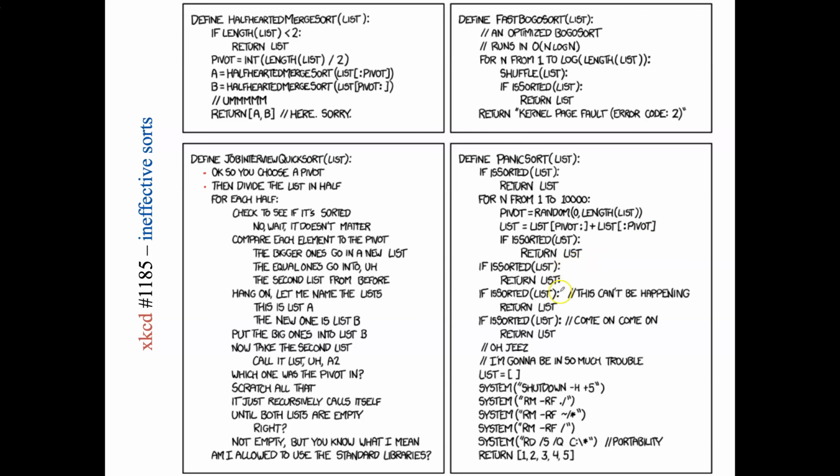And then maybe just a few extra times check to see if it's sorted, and if it hasn't magically been sorted by then, it'll just set the list to be empty and recursively delete every file on the computer, and then shut down the computer and return a sorted list at the end of it anyway. So that's my personal favorite. But again, these are joke sorts, so don't use them on an exam. This is just from XKCD.